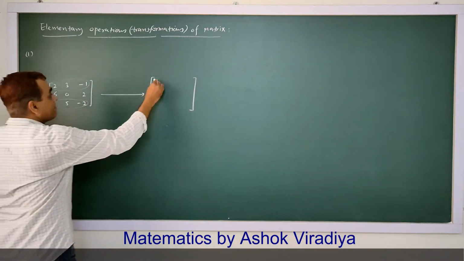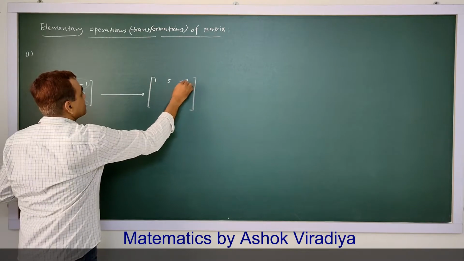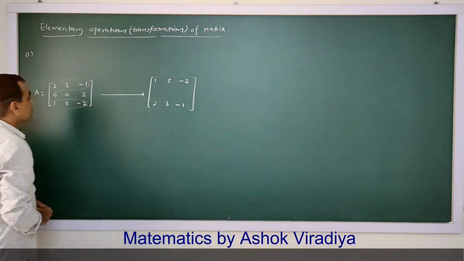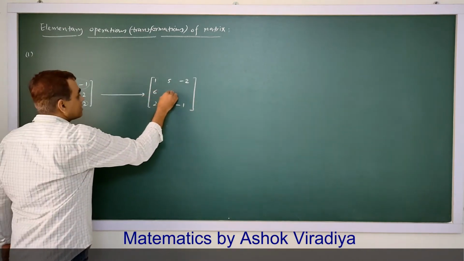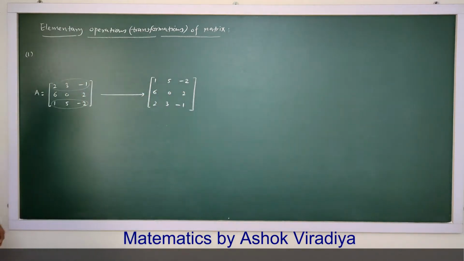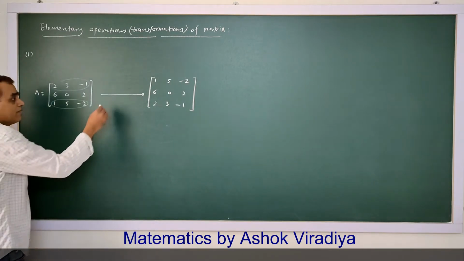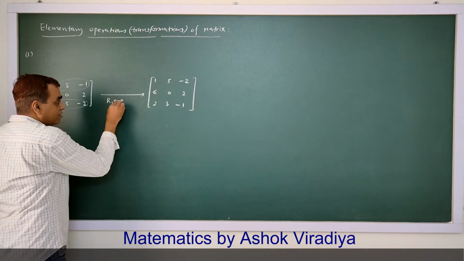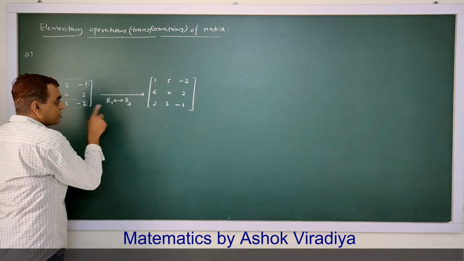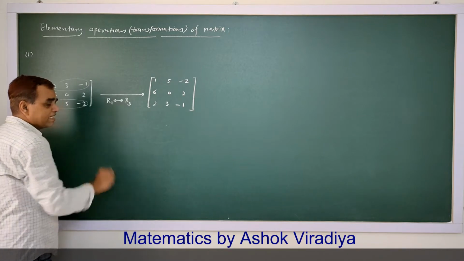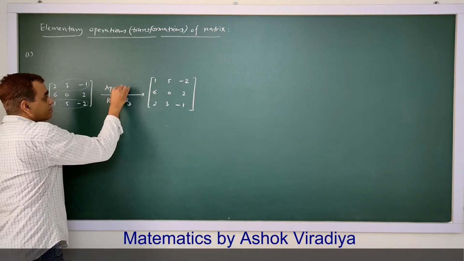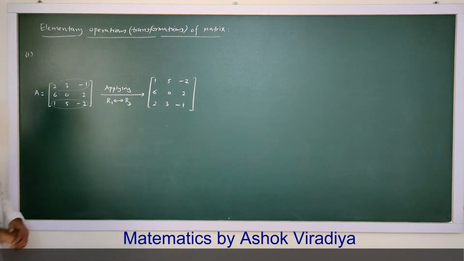So the third row will be in first place and the first row will now be the third row, second row as it is. This operation is denoted by this symbol. First and third rows are interchanged. So we have applied this operation.